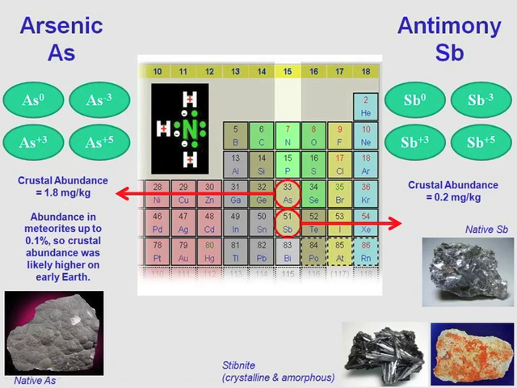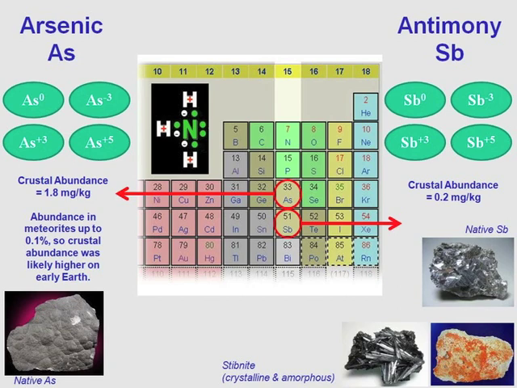But there's evidence to suggest that in the geologic past, the concentration of arsenic at the surface of the Earth may have been higher by as much as several orders of magnitude. For example, the arsenic concentration in carbonaceous chondrite meteorites is up to about 0.1%.